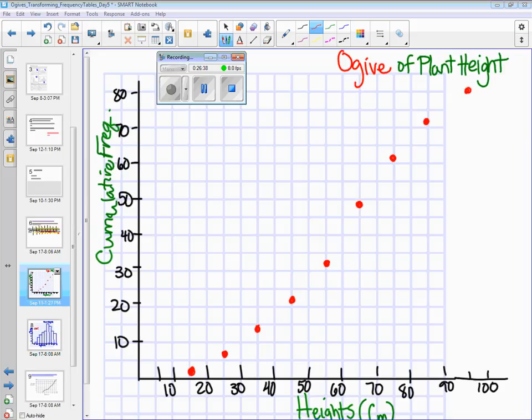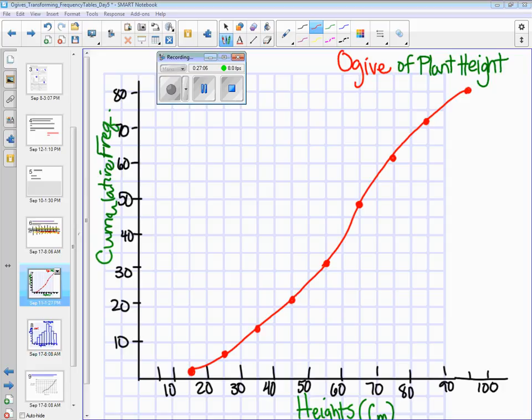Now here's an important thing to know. Do not connect them with straight lines. An ogive is meant to be a smooth, fluid curve. It's continuous. So that's what we're going to do. We're going to make a nice, smooth, fluid curve, and it really should have somewhat of an S shape.